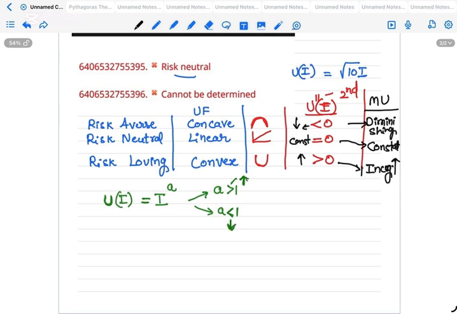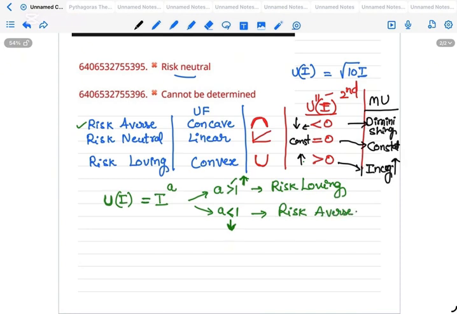For increasing, it is risk-loving. If it is less than 1, risk-averse.